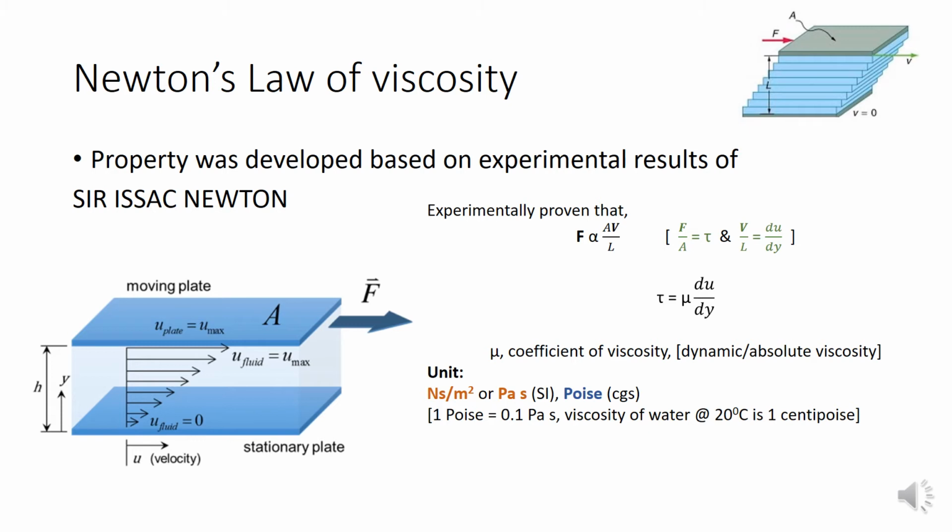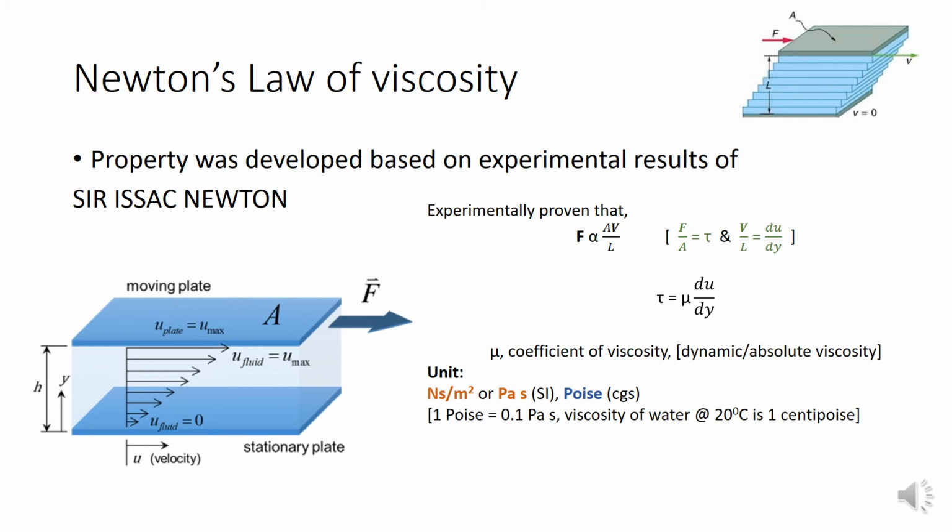So here you can see the variation of the velocity with respect to the distance. Here it is increasing in a linear manner. So you can define V by L, that is the velocity at the extreme divided by the distance between the plates, as equal to the slope of this graph between the distance along the y direction and the velocity.